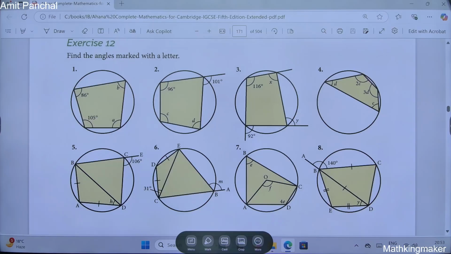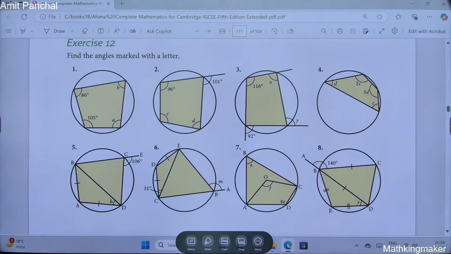X is... Yeah, right. Y is 116, right? C is 60.